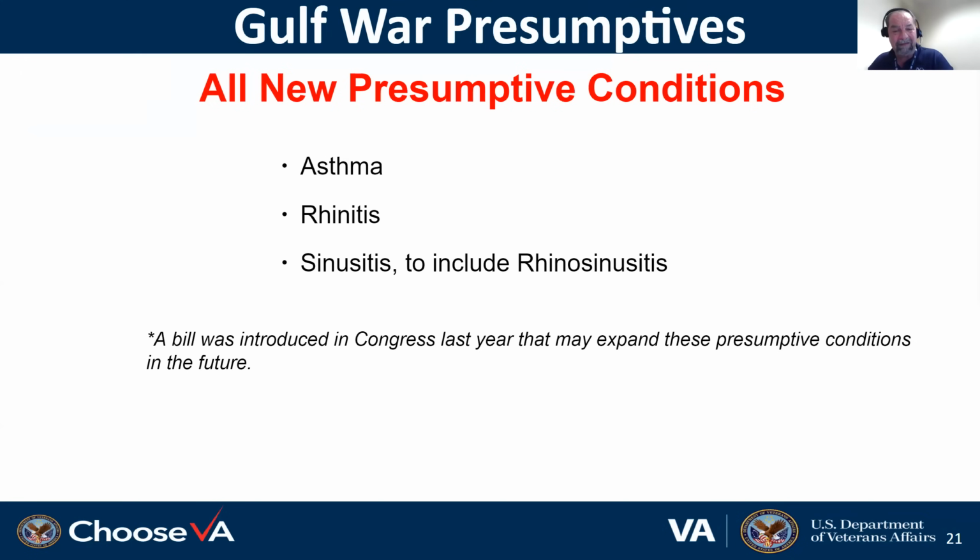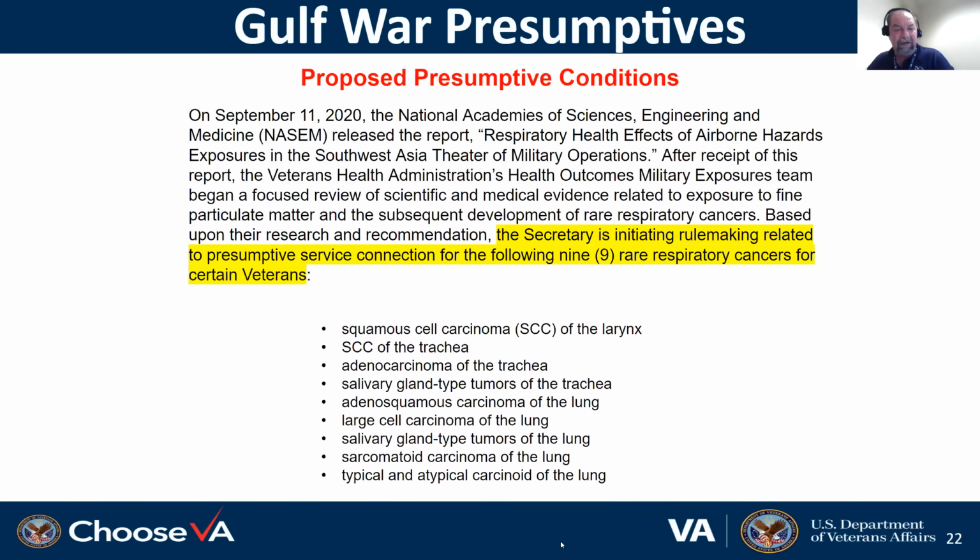But if we go to the next slide, you'll see that these are proposed presumptive conditions that the Secretary of the VA is addressing. You'll see the highlighted section there, which is the Secretary initiating rulemaking related to presumptive service connection for the following 9 rare respiratory cancers for certain veterans.